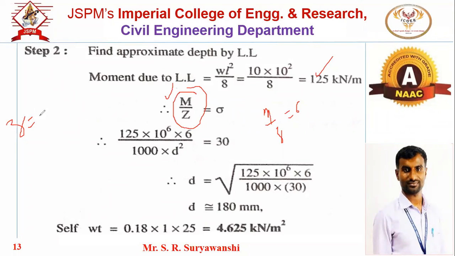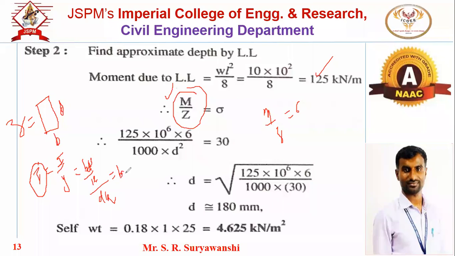As the section is rectangular with cross section B into D, the section modulus is I by Y max, moment of inertia divided by Y max. The moment of inertia is BD cube by 12, divided by Y, which will be D by 2. So we also know that the section modulus for a regular rectangular section is BD square by 6.